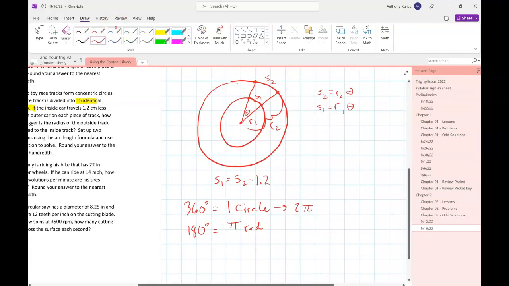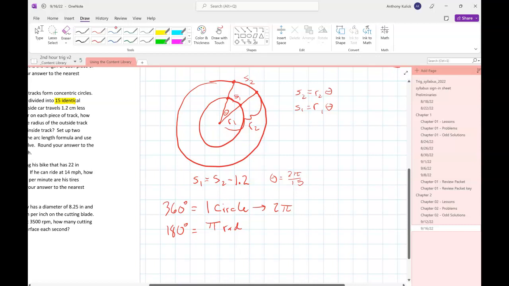So if I take that 2 pi and I divide it by 15, that has to be the angle measure for theta. Since I'm just taking the whole circle and dividing it into 15 pizza slices, each pizza slice must be 1/15 of the whole. The whole was 360 or 2 pi, then the slice was 2 pi over 15.